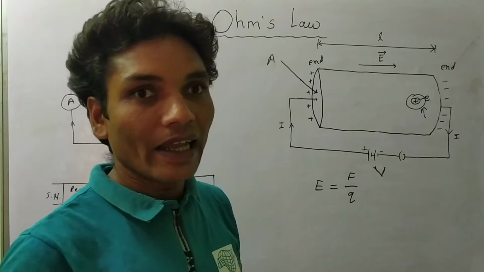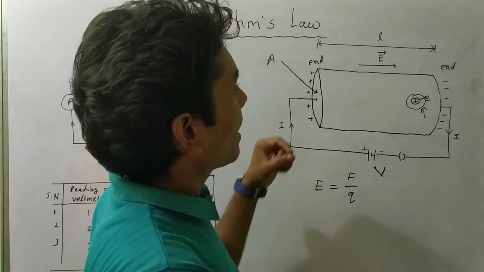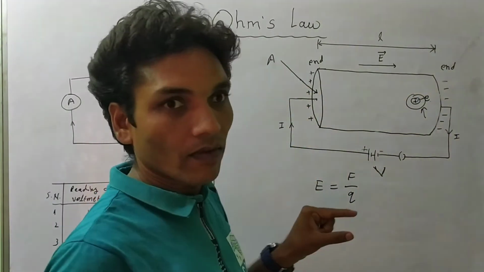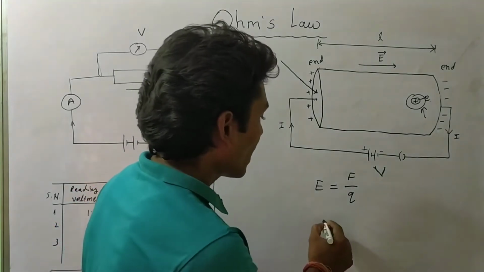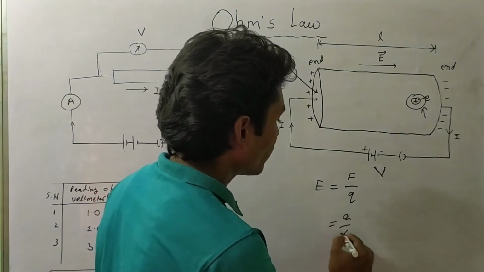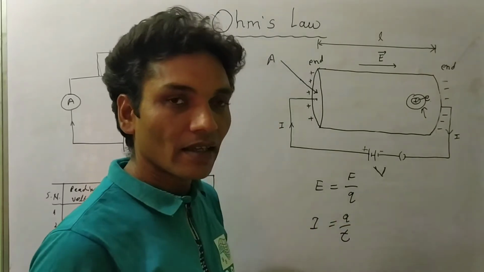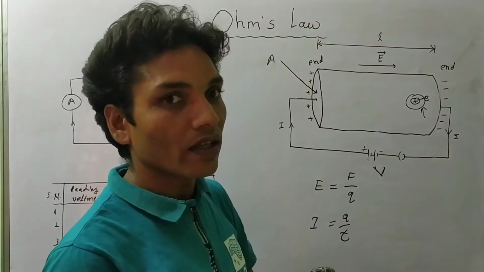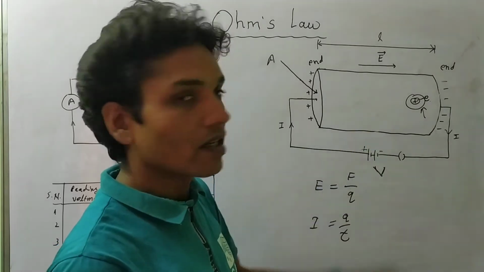Electrons are charged particles, so charge is flowing towards the positive face. You know that the charge flowing per unit time is called current. So current flows through the conductor when potential difference is applied across the terminals.